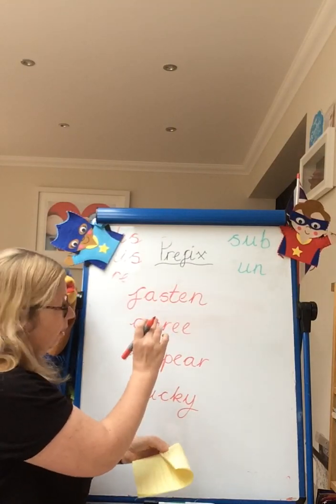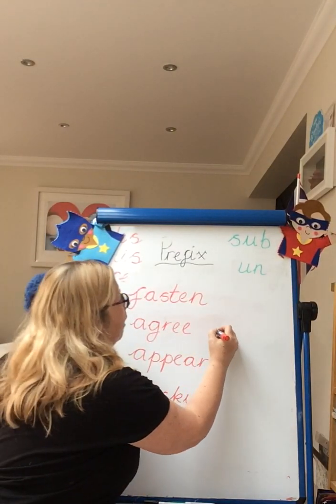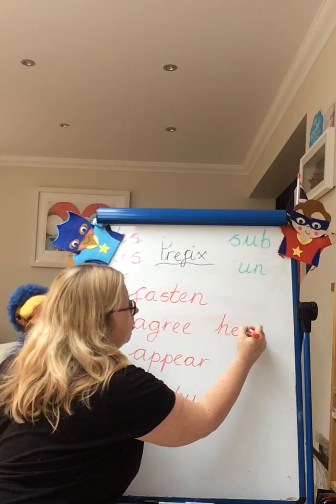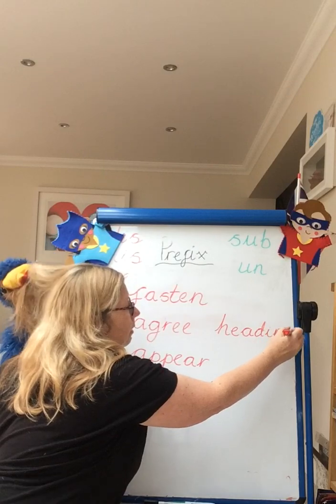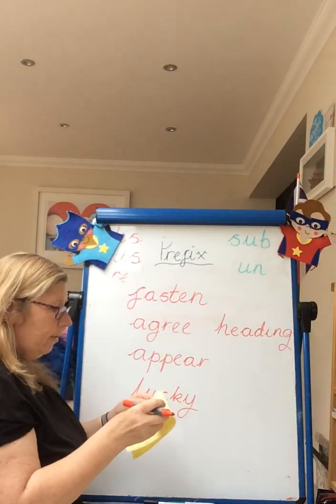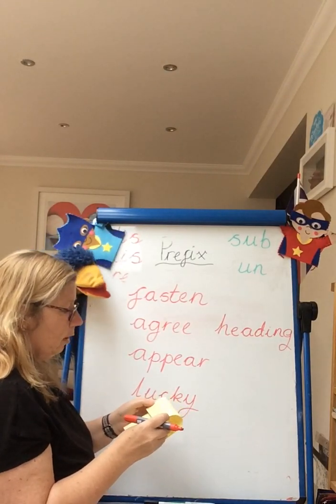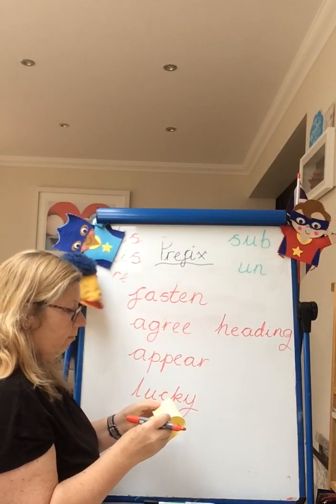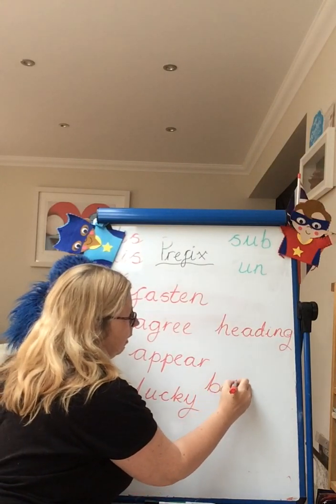Okay, fasten, agree, appear, lucky, heading. I'm going to write that one down. Heading. Okay. And I'm going to write the word, oh, let's have a look. What shall I write? One that we've done, but see if you can remember which one it goes with.